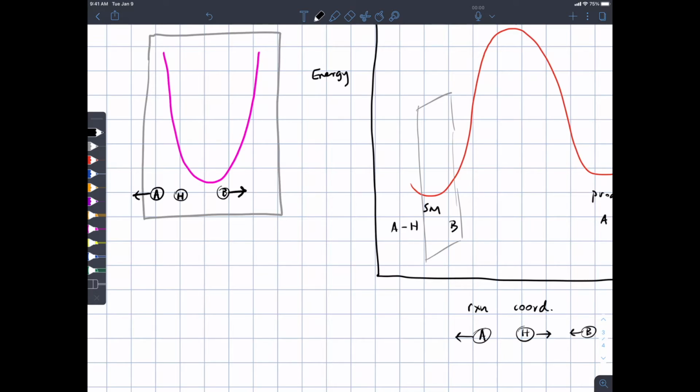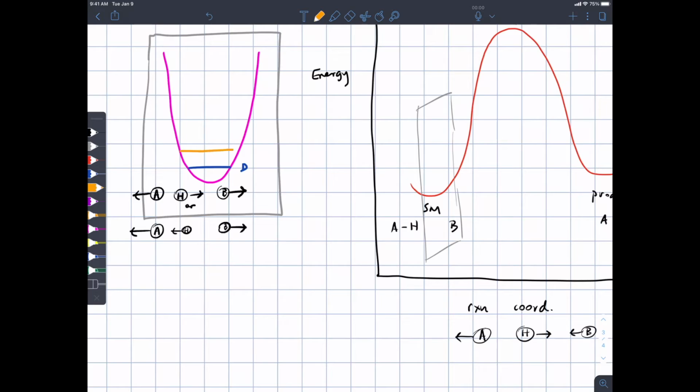And so here we have the 0 point energy. Here we have 0 point energy for deuterium.